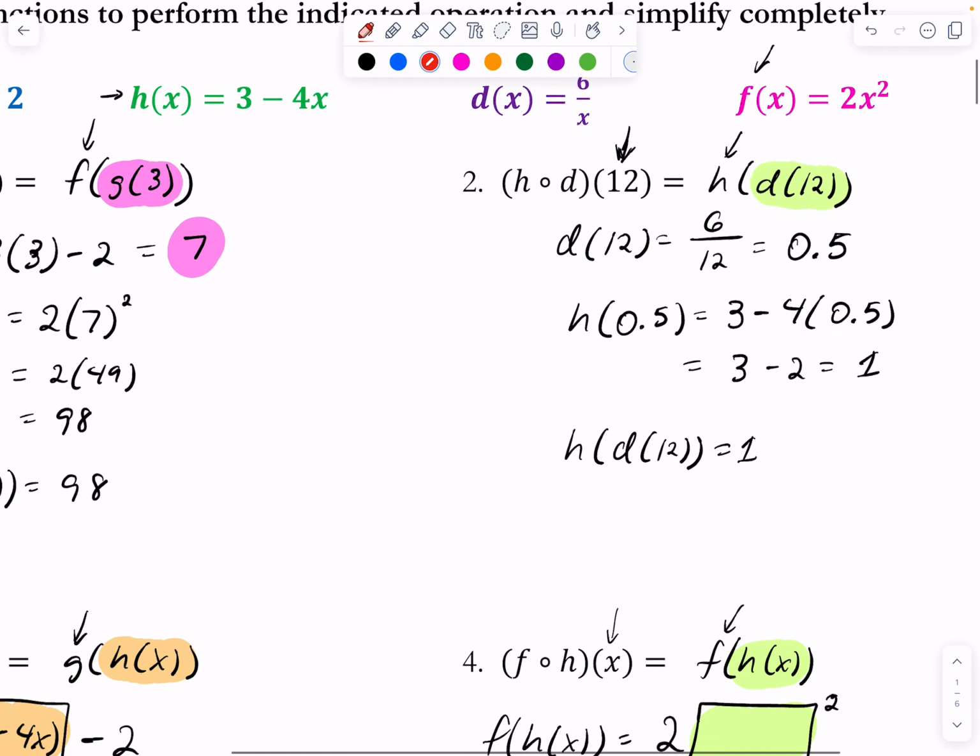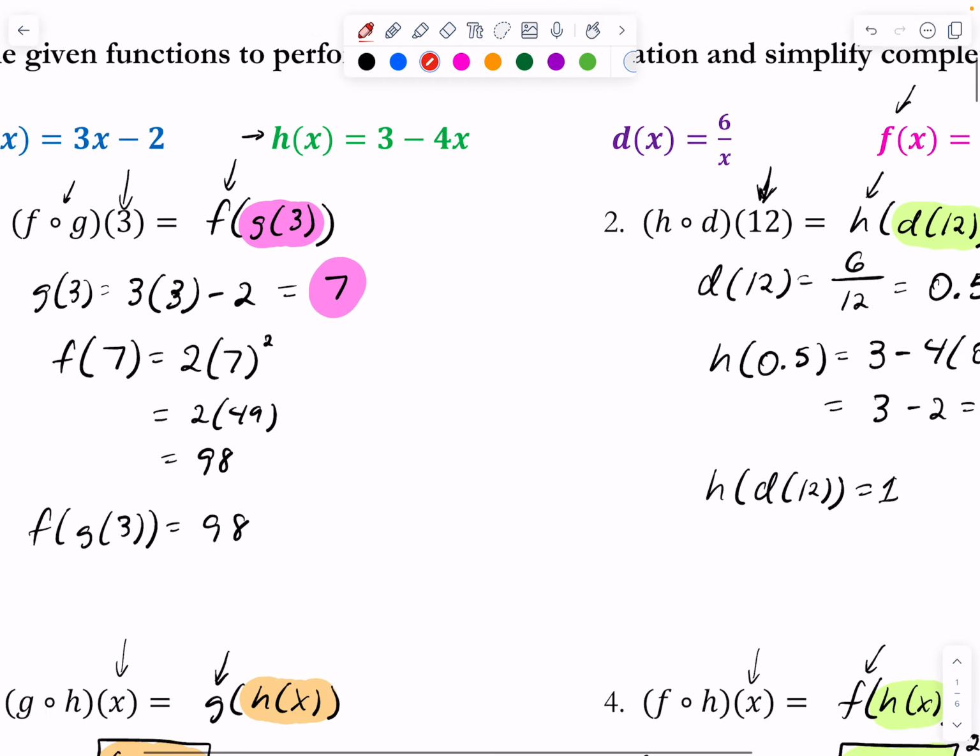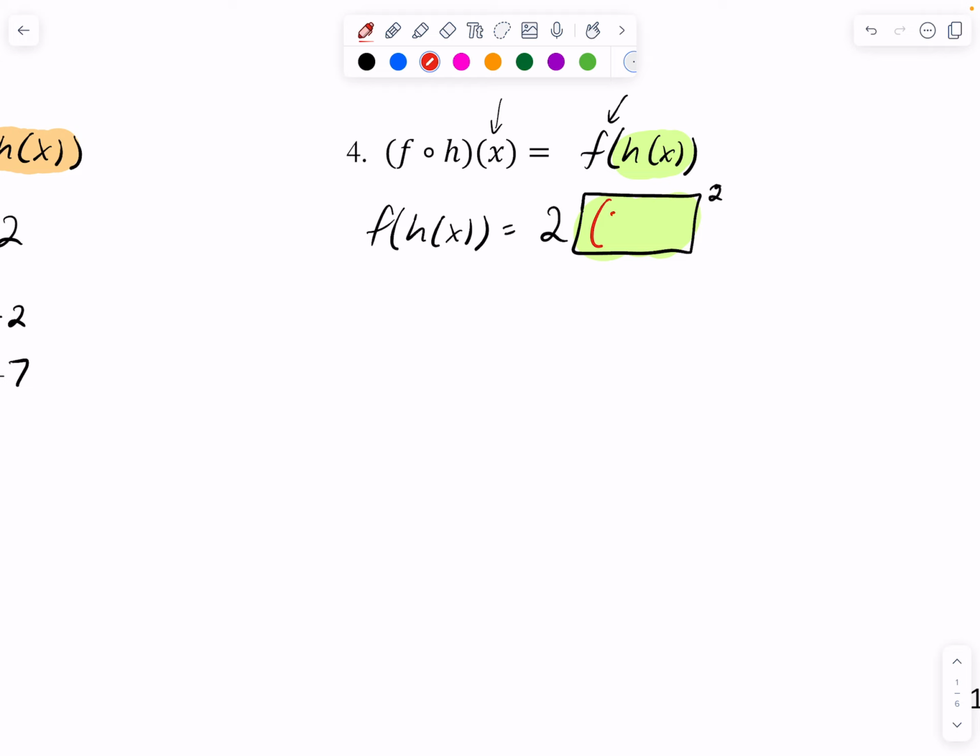So go back to your functions, and h of x is 3 minus 4x. So in parentheses. Okay, now hopefully you remember this from our first unit. Bring down the 2. I'm going to expand that binomial that's being squared. So 3 squared is 9. The last term is going to be negative 4x. All of that squared is plus 16x squared.